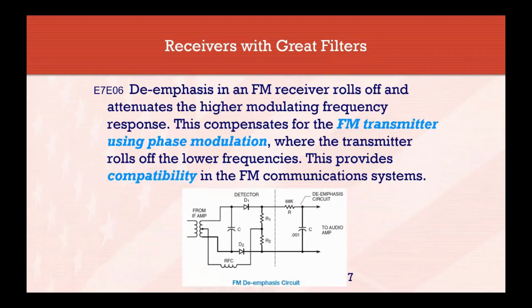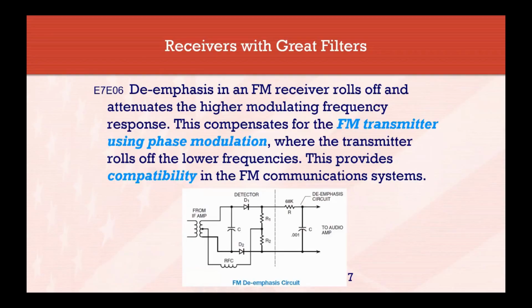Okay, preemphasis and de-emphasis. Preemphasis in an FM system is amplifying the higher frequencies over the lower frequencies before they're transmitted. This gives you better fidelity on the receiving end. And then on the receiver side, we de-emphasize that to put it back where it came from. That's the essence of it.